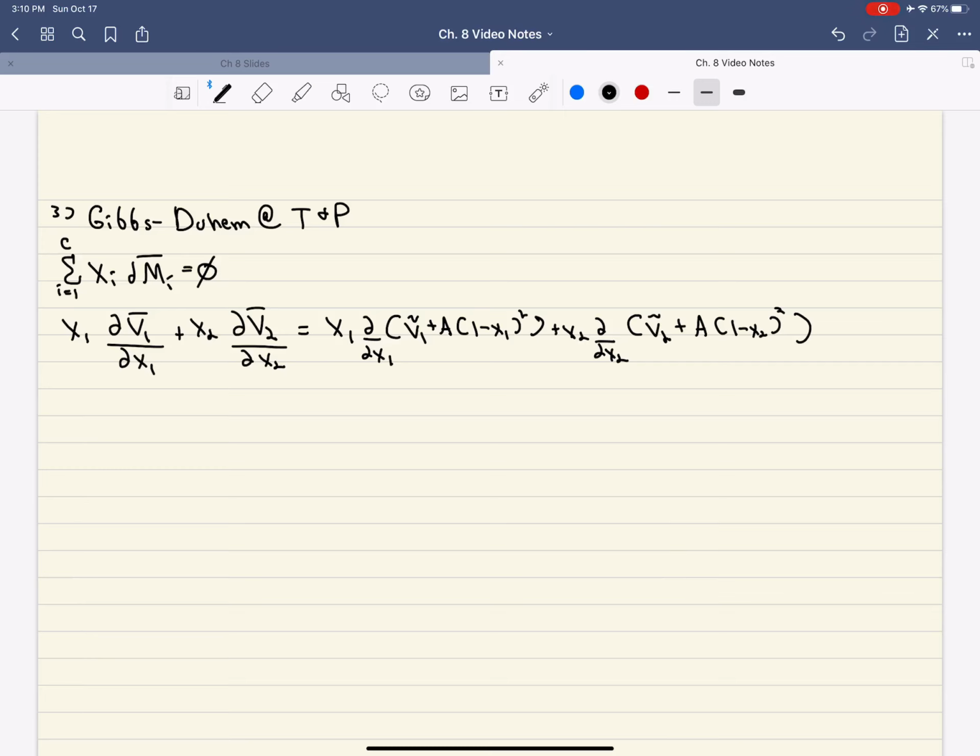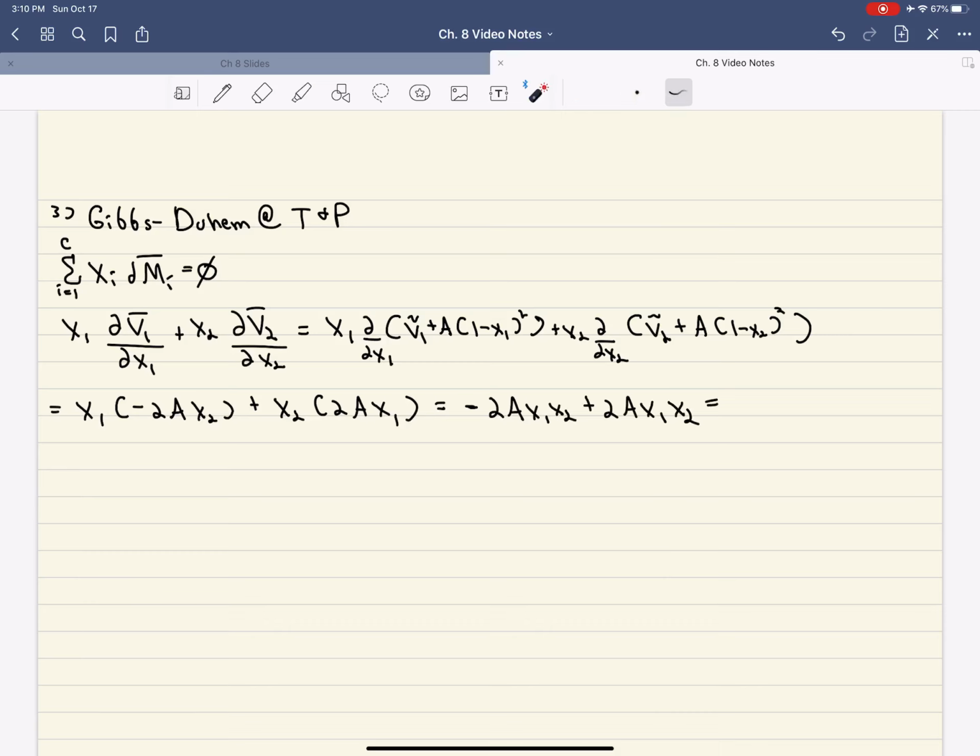If we work out that math, we get that it's equal to x1 times minus 2a x2 plus x2 times 2a x1. Multiply those across and we get negative 2a x1 x2 plus positive 2a x1 x2. Same magnitude, opposite signs, those equal 0.